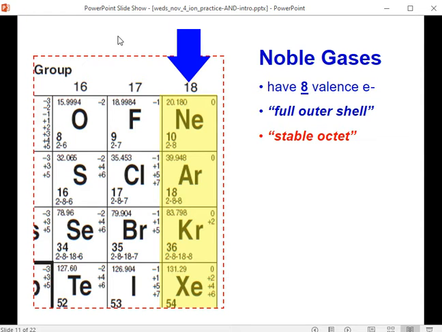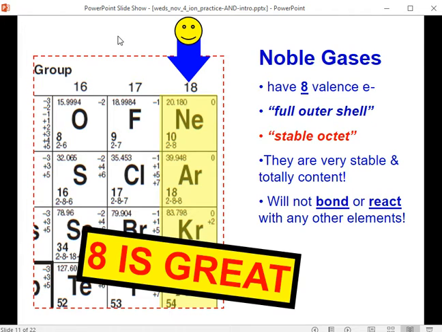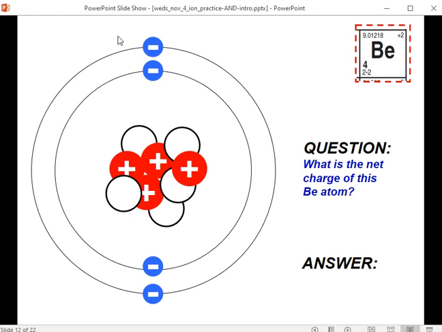Octet means 8 of something. They are very stable and totally content. We call them the noble gases because they will not bond or react with any other elements, just like kings and queens don't want to have anything to do with the common people. The noble gases will not have anything to do with any other elements. They will not bond or react because they're so happy and stable. "8 is great" is a way to remember that 8 valence electrons is the perfect amount for a stable atom.